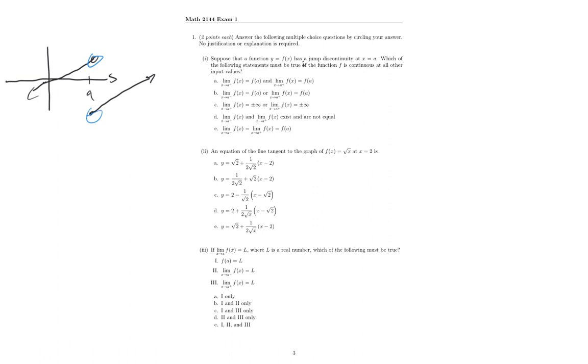How about B? B says, suppose x approaches a from the left side, that limit equals f of a, or x approaches a from the right side equals f of a. Well, can we come up with an example to disprove this one also? I can. What if we make another hole right here?